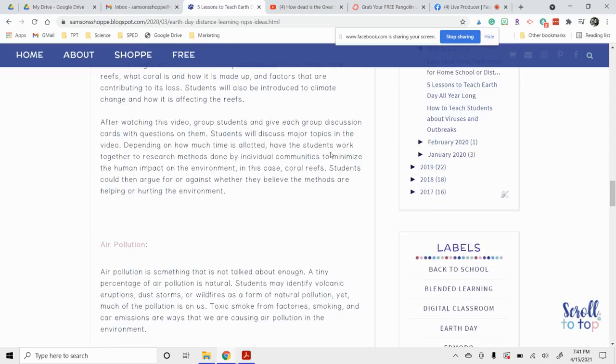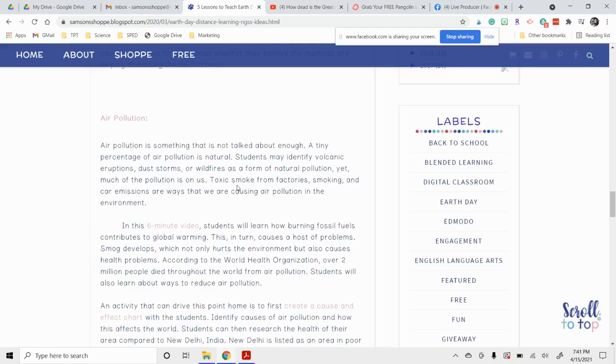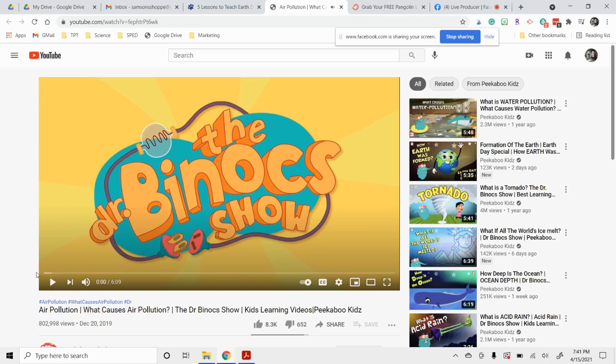So that one is right here. And so air pollution, a lot in the United States, I feel like it's not a topic that we talk about a lot, but in other places in the world, they really experience air pollution, where they were wearing masks well before COVID was a thing.